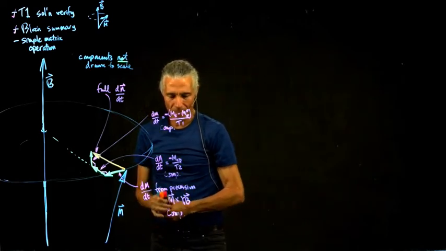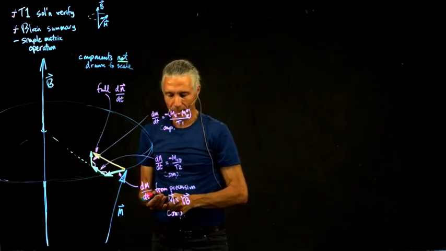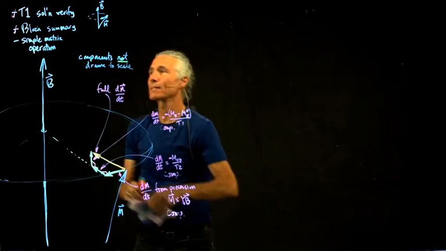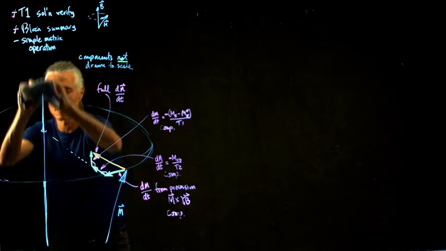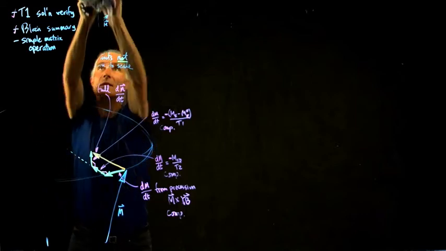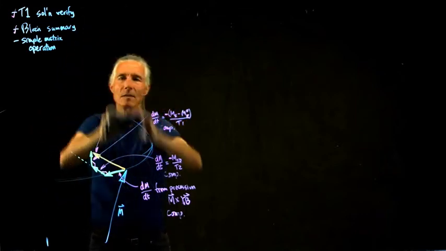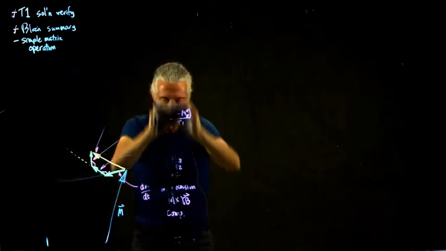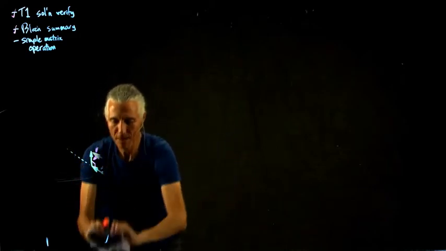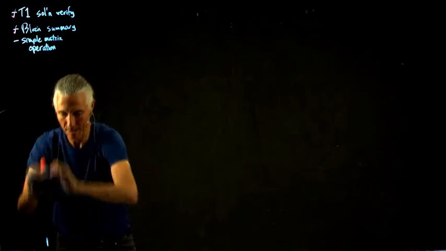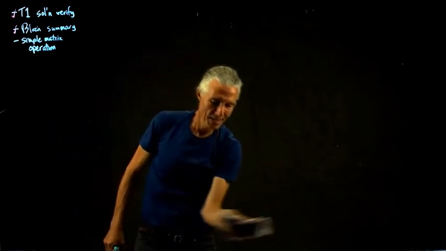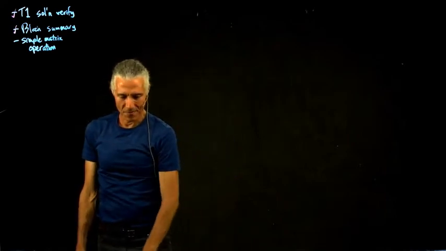Okay, so the first question is, what is a matrix? What's the geometric way of thinking about what a matrix is doing? Because it's always good to think in geometric 3D terms.